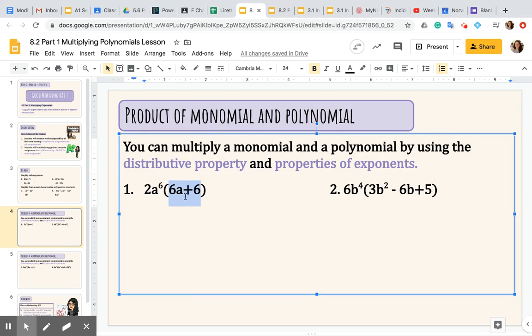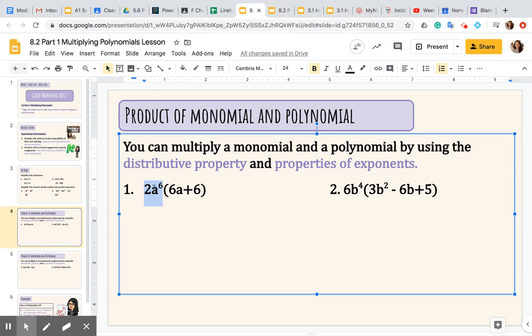Well, remember, if you're trying to figure out the degree of something, you'll look at the variables, and in this case, I only have one variable, and it's going to be the highest exponent within that polynomial. If I only have one variable, it's going to be the exponent on that variable. My exponent here is an understood 1. So this is a degree 1 polynomial, which makes it linear, and it's a binomial because there's two terms. And I'm multiplying it with a degree 6 monomial, and it's a monomial because it's one term.